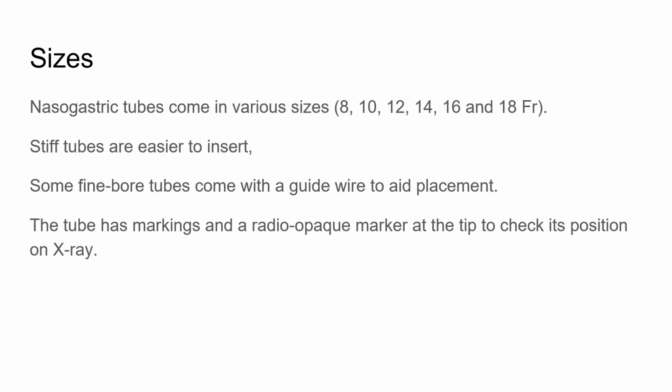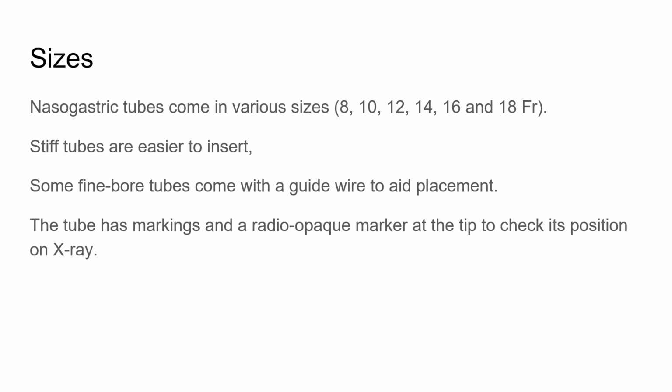These are stiff tubes that are easier to insert. Though it is stiff, it is flexible. Some fine bore tubes come with a guide wire to aid the placement. So the nasogastric tube also comes with a guide wire inside, which is helpful for the insertion. The tube has a marking as well as a radio-opaque marker at the tip to check the position on X-ray.